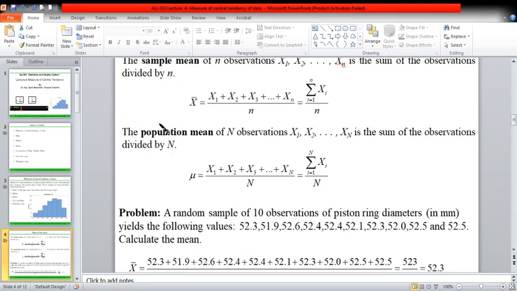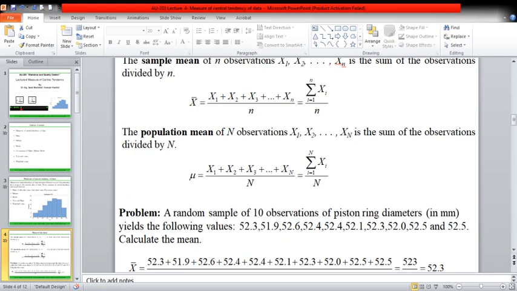So population mean is represented by the letter mu, a Greek letter, and capital N represents the total number of observations in the whole population. So population mean would be the sum of all the observations from 1 to capital N, divided by N, and that would calculate the population mean.